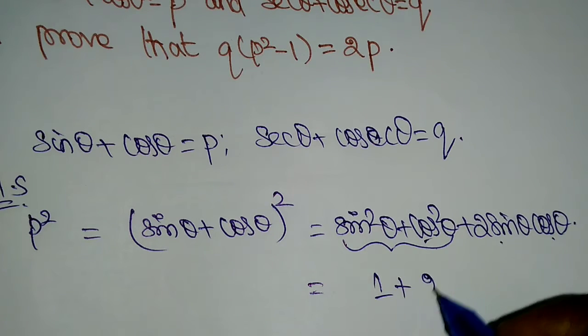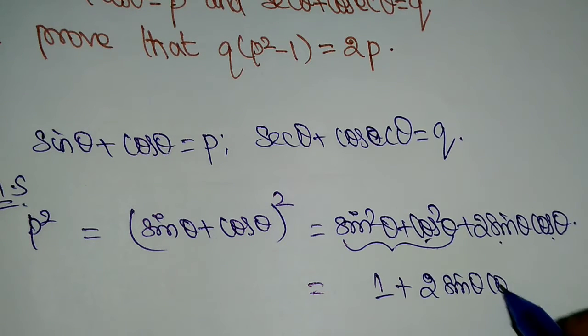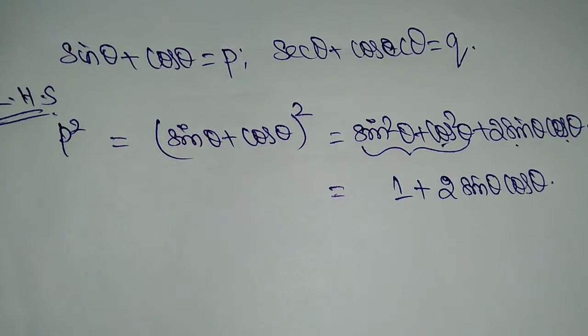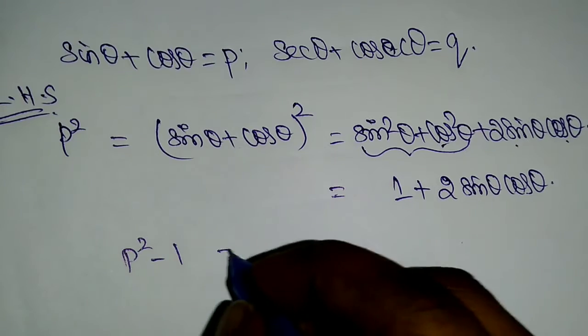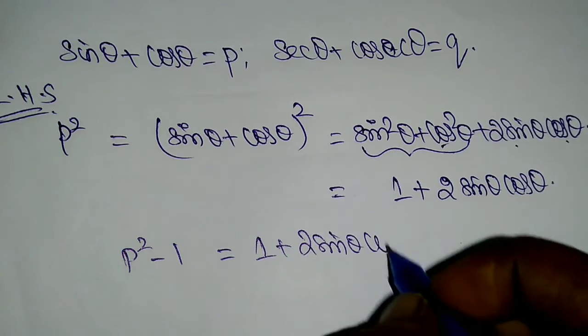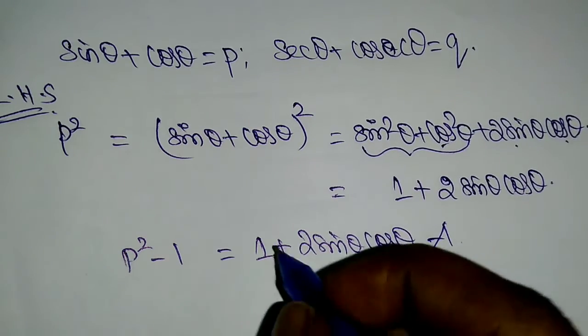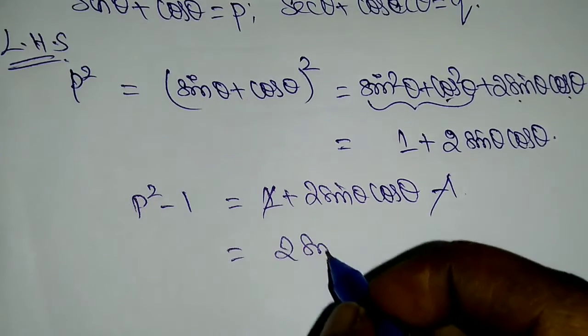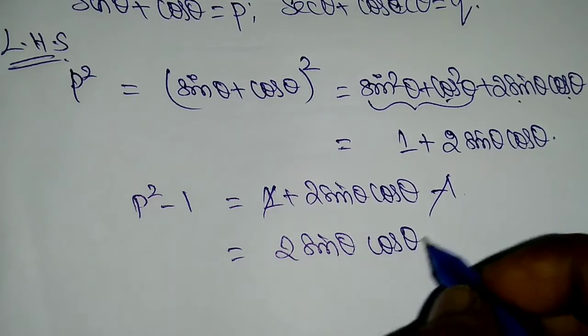So 1 plus 2 into sin theta into cos theta. Now we have to find P square minus 1. So P square minus 1 is 1 plus 2 sin theta cos theta minus 1. So 1 and minus 1 cancel. Here we get 2 into sin theta into cos theta.